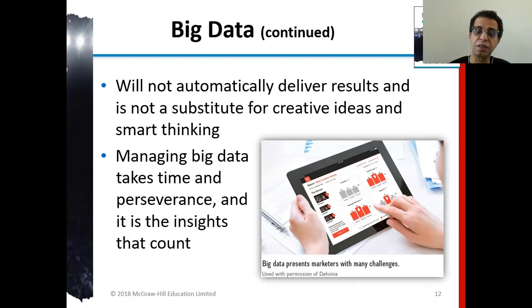Managing big data takes time, perseverance, and insight. Imagine the billions of data points Facebook gets every minute. Managing big data presents marketers with many challenges. It can be supportive, but once you don't have control over it, it can be a big challenge.